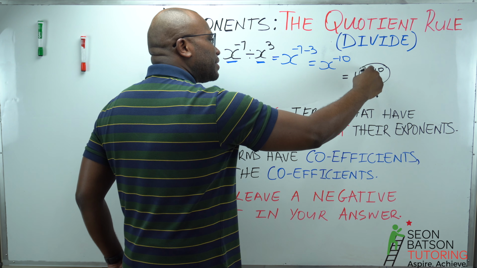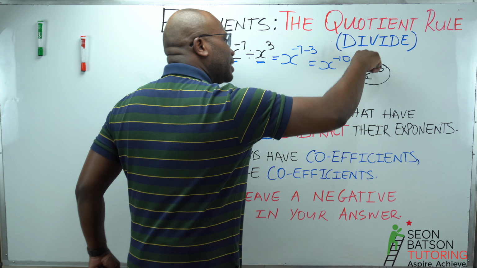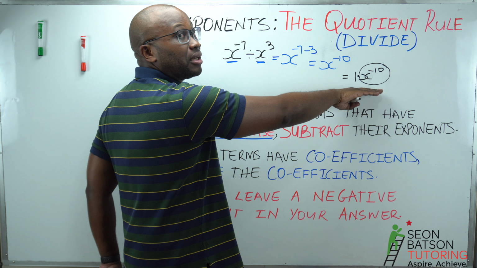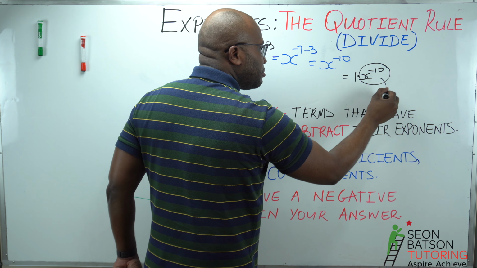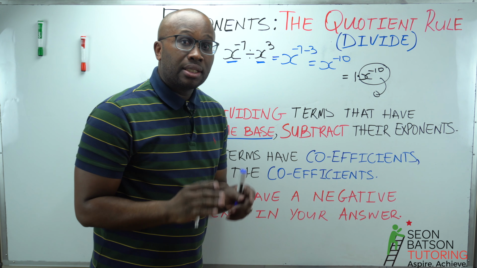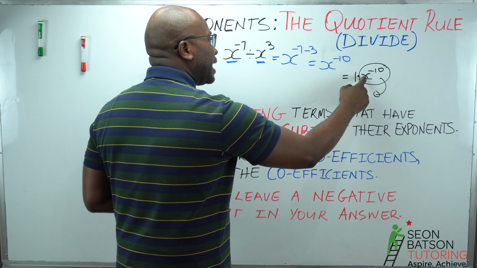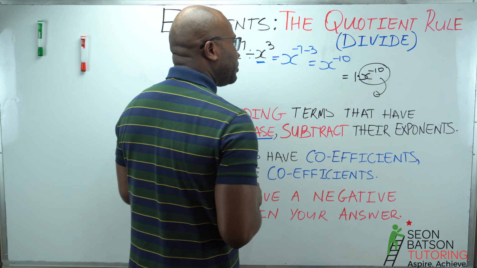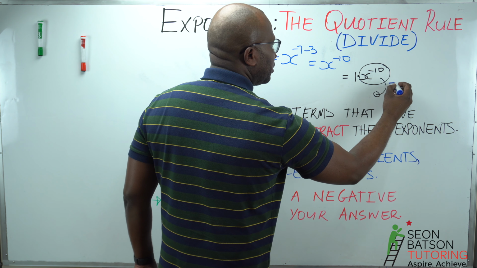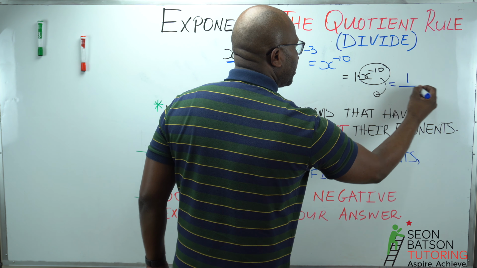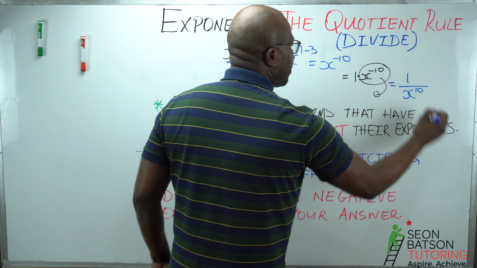So we'll move the -10 and the x to the denominator, because everything right now is in the numerator. So it just takes a move to make the exponent positive. So if we move x and a -10 to the denominator, what will we have left? We'll have 1 left in the numerator and x to the 10th power.